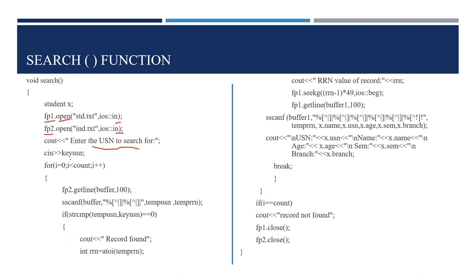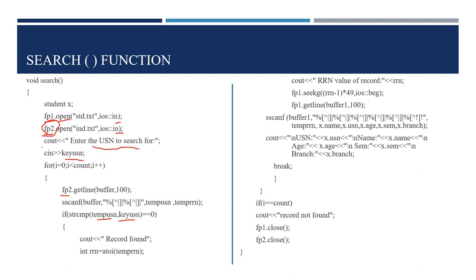The user enters the USN, and then each and every line of the second file will be read, that is, file pointer 2 is scanning and comparing the USN with the temporary USN value.